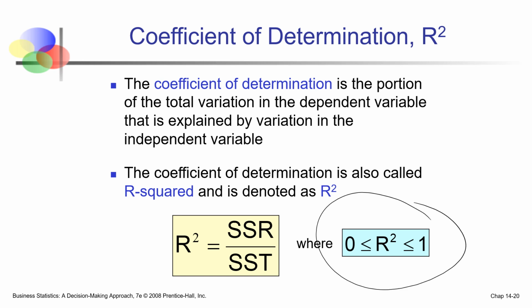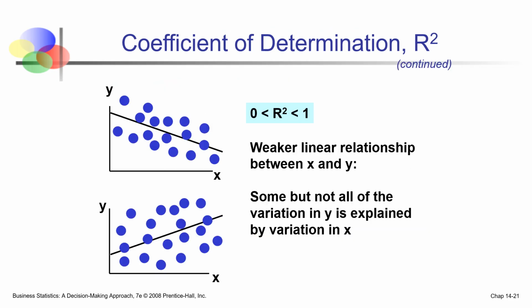We can also find R square by using the regression sum of squares divided by the total sum of squares. And we have this kind of relationship, you can say strong or weak.